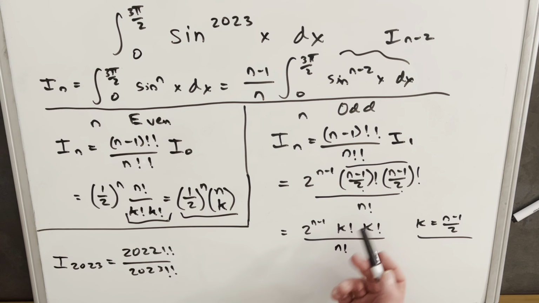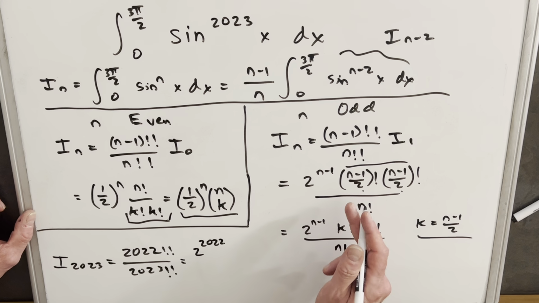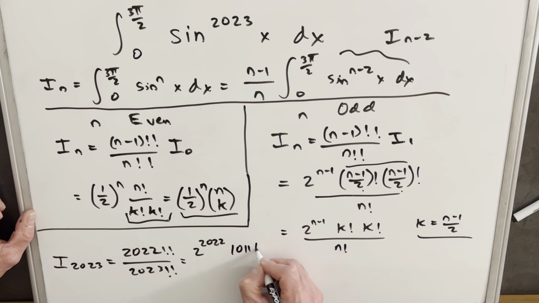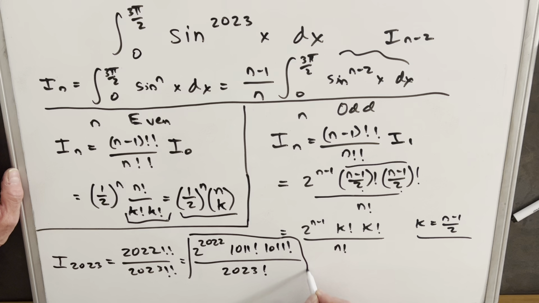But again, we might want to see it in this form over here as a factorial rather than a double factorial. So we can write this as 2 to the n minus 1, so 2 to the 2022, times, okay, this k number is going to be 2022 over 2. 2022 divided by 2 is going to be 1011 factorial times 1011 factorial. And this is all over 2023 factorial. And that's it. That's going to be our solution.